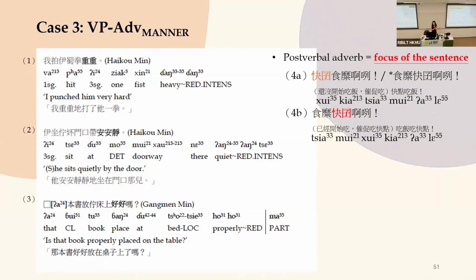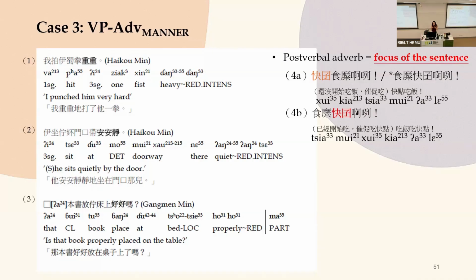because we realize that such post-verbal adverbs, in terms of pragmatics, are the focus of the sentence. For example, if we haven't started eating yet and I'm asking, well, start eating, then I can only say 回家加梅啊咧, eat, like started eating, because the whole focus of the sentence would be to eat. So you cannot use 加梅回家咧, you can say like eat fast or something.